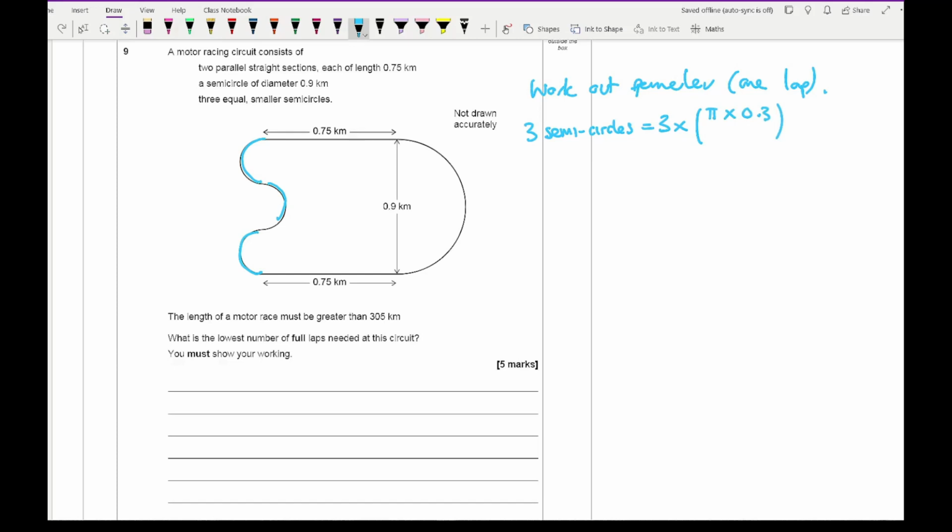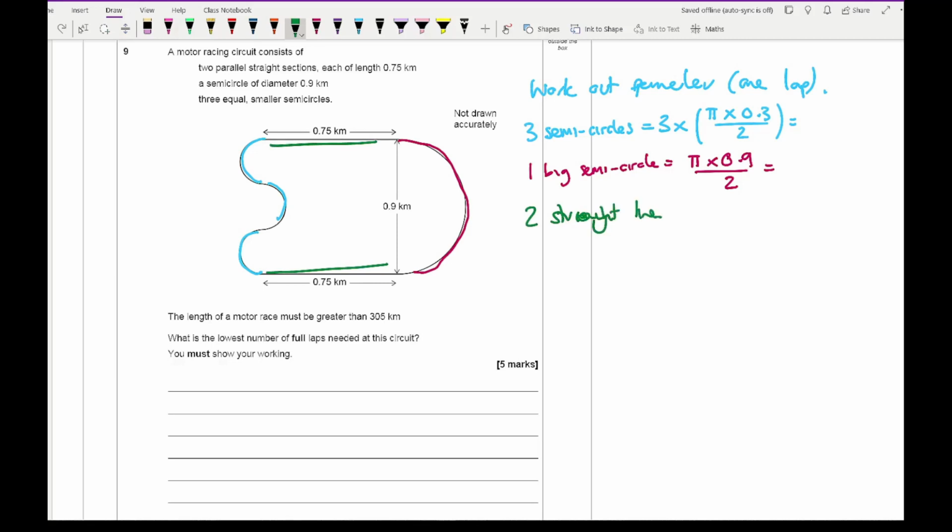And then we've got this big semicircle, which is pi times 0.9 divided by 2, and I've got the 2 straight edges, which is 2 times 0.75.